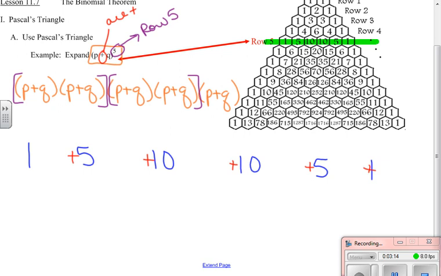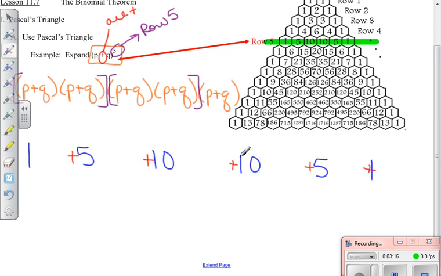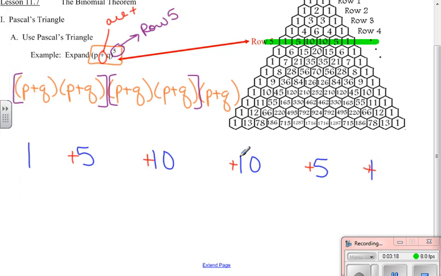So now I'm going to go through and I'm going to drop in my variables, and something really, really cool happens. If you start with the first variable, this first term would always be p to the 5th, and the variables are going to go down: p to the 4th, p cubed, p squared, p to the 1st, p to the 0.